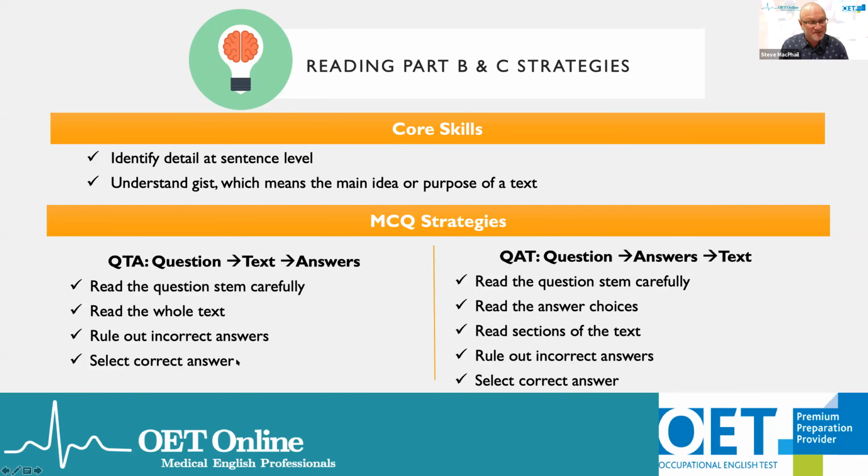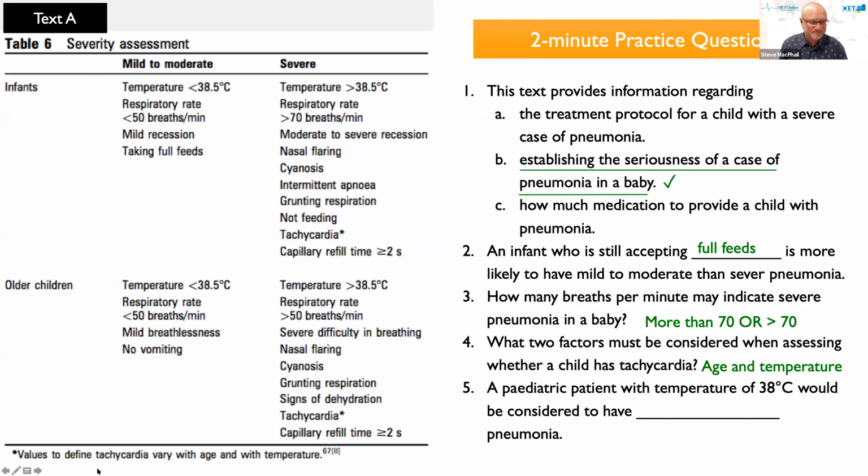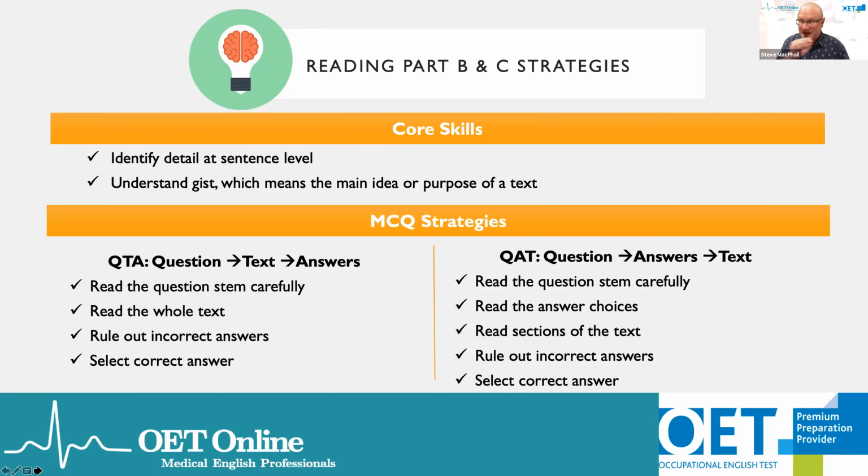Then select your answer. QAT means read the question, then your answer choices underlining key words, then the text, and link back and forth to rule out incorrect answers and make your choice.